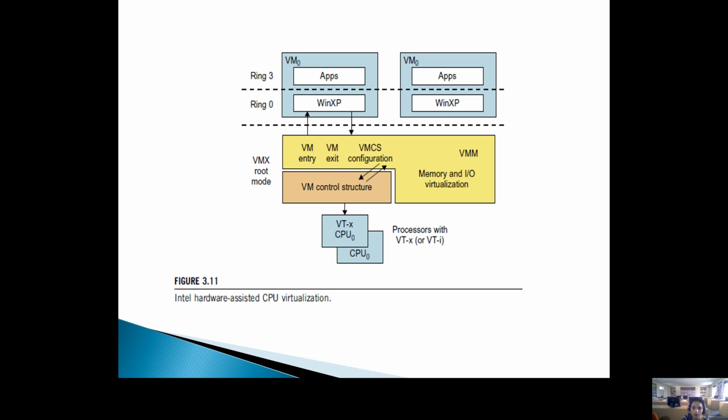So what is the main purpose of this memory? Here we have the memory and input output virtualization. So what is the use of memory virtualization? Memory virtualization is similar to the virtual memory support provided by modern operating systems in a traditional environment.